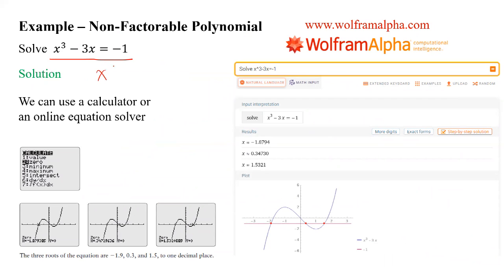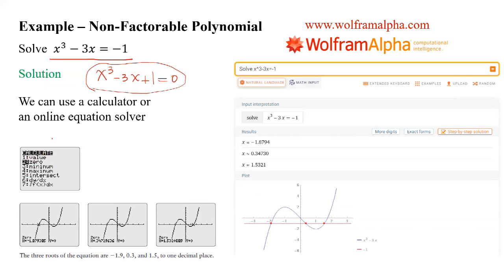As you can see, if we put it in standard form, x cubed minus 3x plus 1 = 0. This is actually not very easy to factor, right? Actually, it's not factorable. So for a polynomial equation like this, we can use a calculator to solve the equation, right?